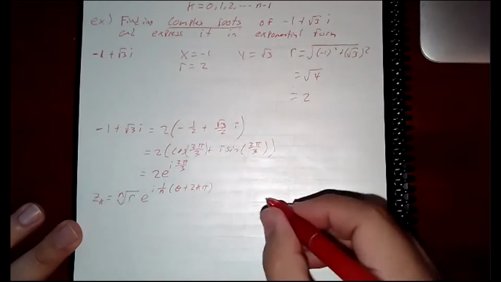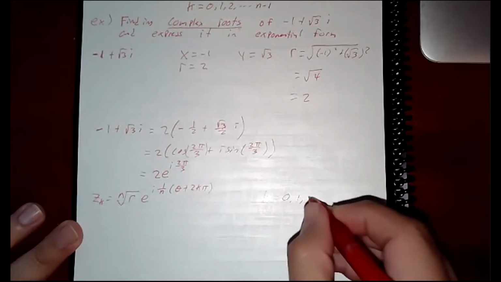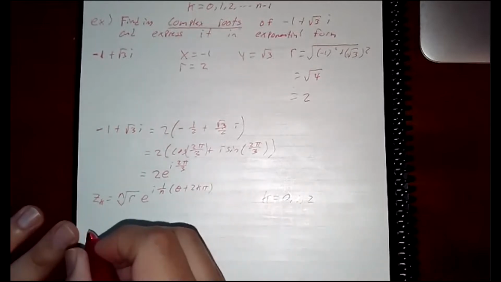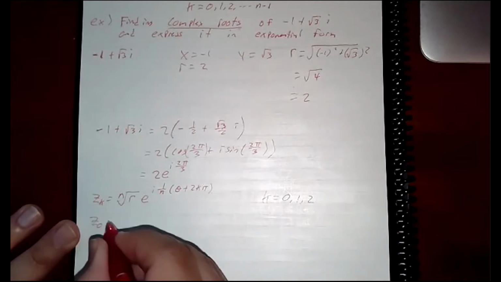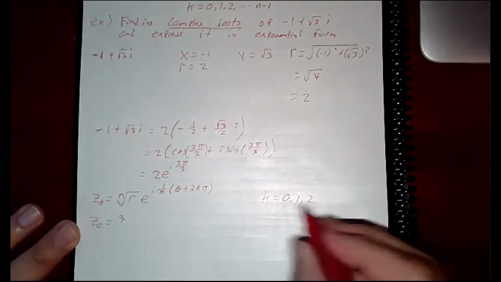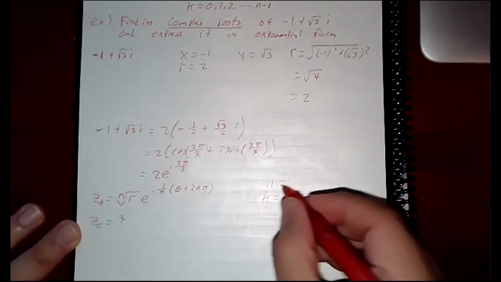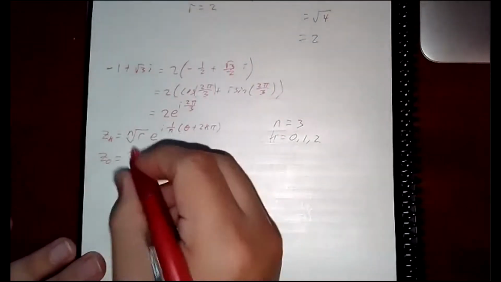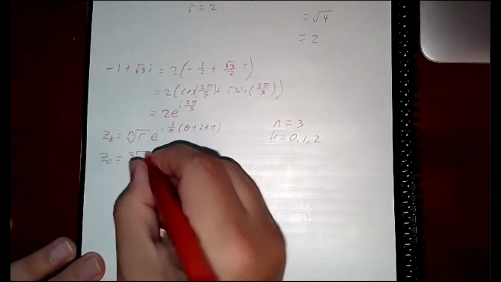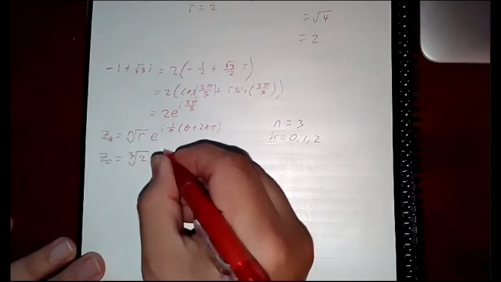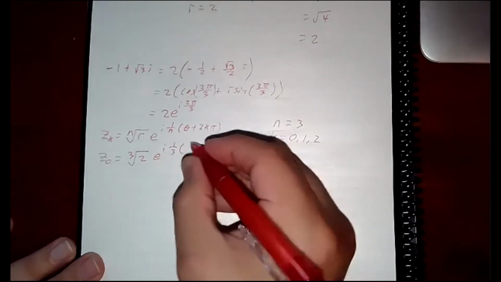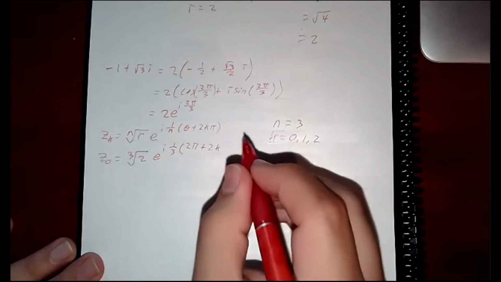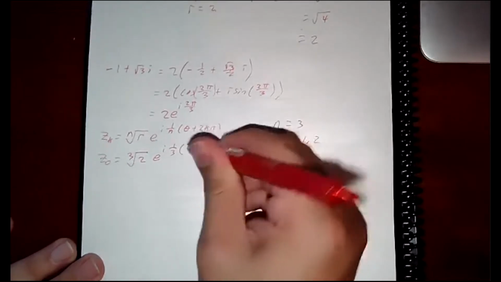That means that my k is going to cycle 0, 1, 2. This k has to be all the numbers before n. So z0 would be the third root. So okay, n is 3. So the cube root of 2 e to the i 1 over 3 times 2 pi thirds plus 2k pi, plus 0 actually, because k will be 0.